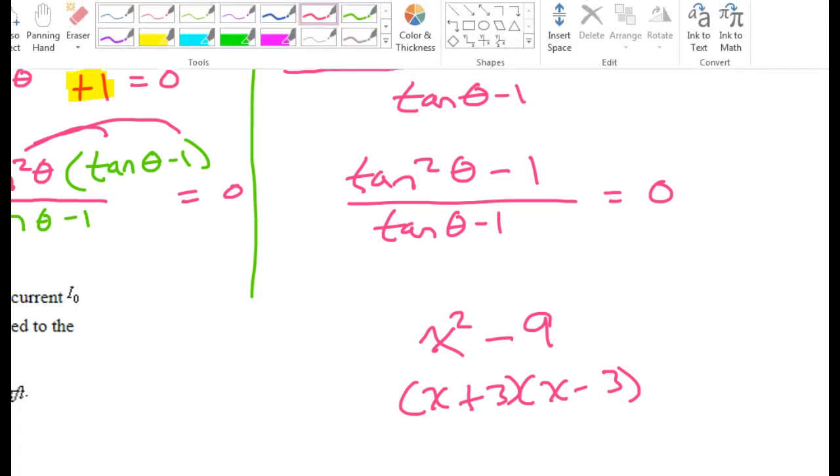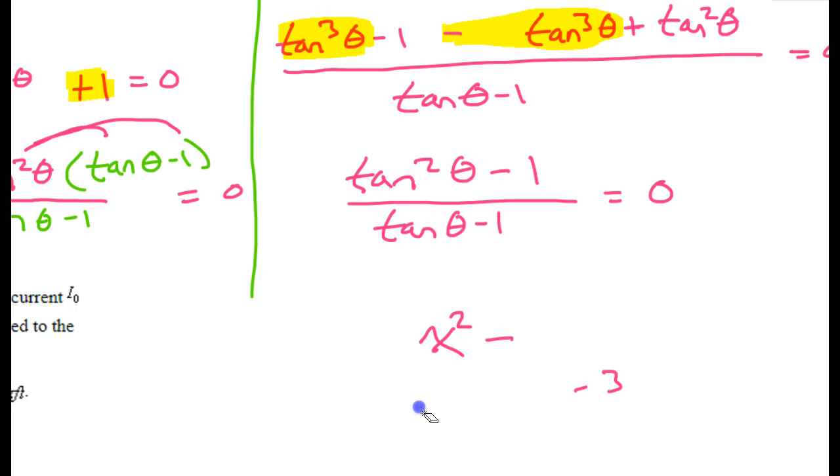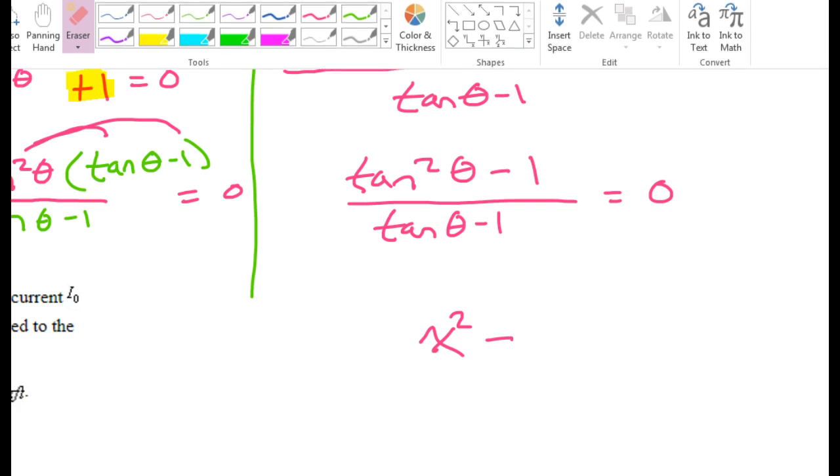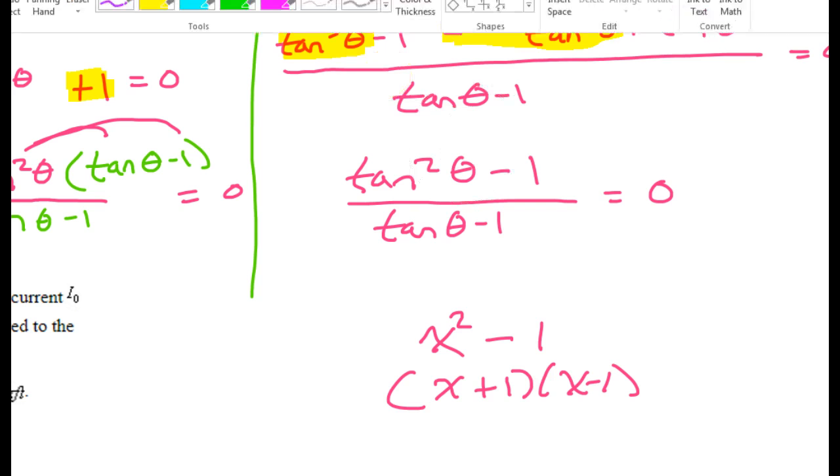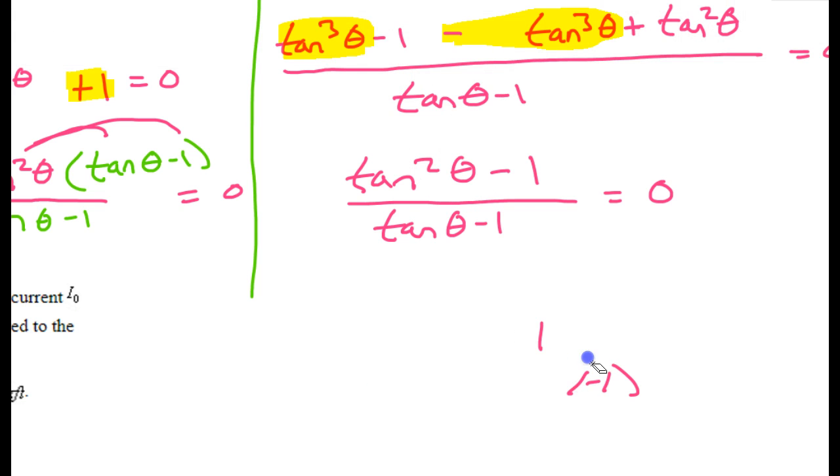Now, what if instead of a 9, this was a 1? X squared minus 1. Well, this is a perfect square just like 9 is. So this is still the difference of squares. This would be x plus 1 times x minus 1. Okay, that's the same situation that we have here. Instead of x squared minus 1, we have tangent squared minus 1. But it is still the difference of squares.